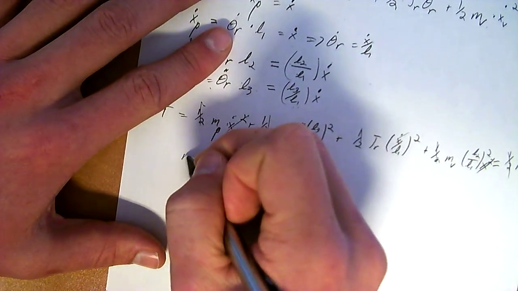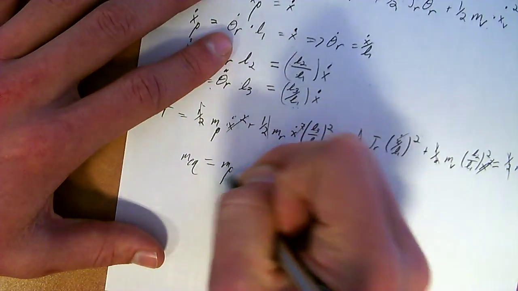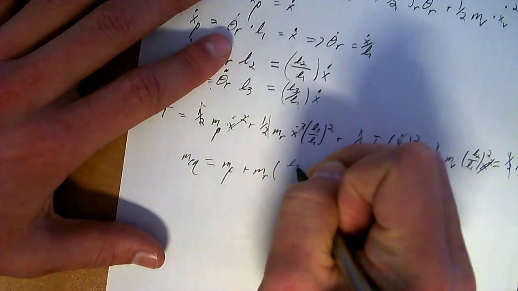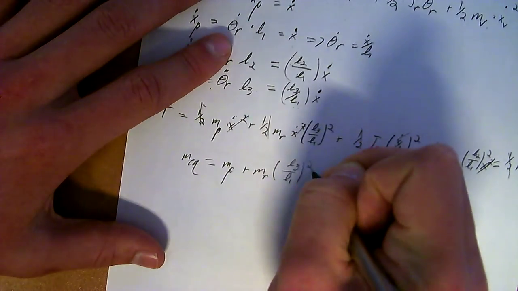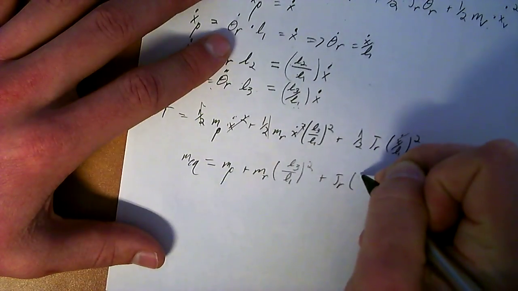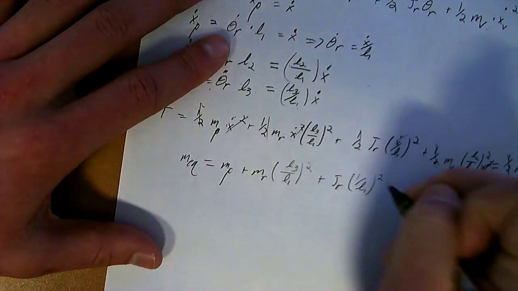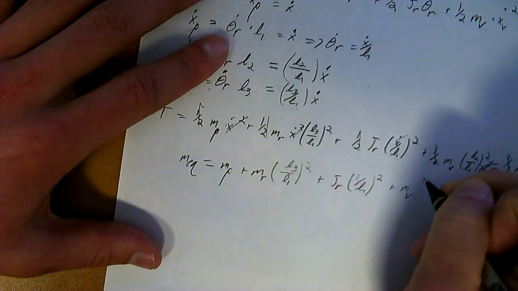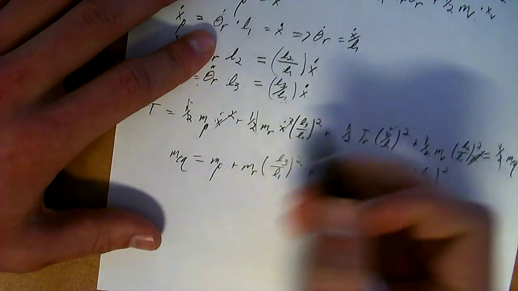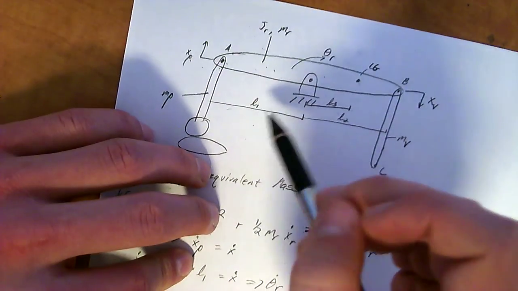So you have the equivalent mass equal to mp plus mr times L3 over L1 squared plus jr times 1 over L1 squared plus mv times L2 over L1 squared. And that is your equivalent mass for this little oil derrick or oil donkey.